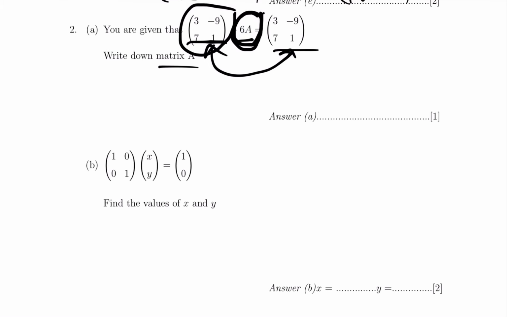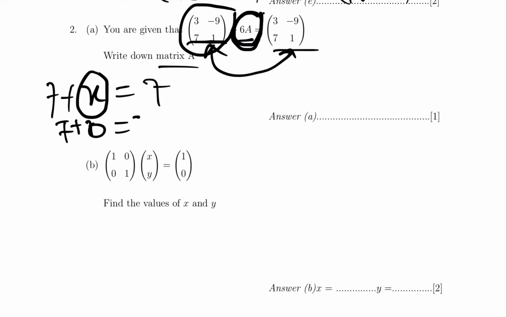Maybe let me do something like this. If we have 7 plus x is equal to 7, what does it mean? It means that x is 0, so that we have 7 plus 0 is equal to 7.